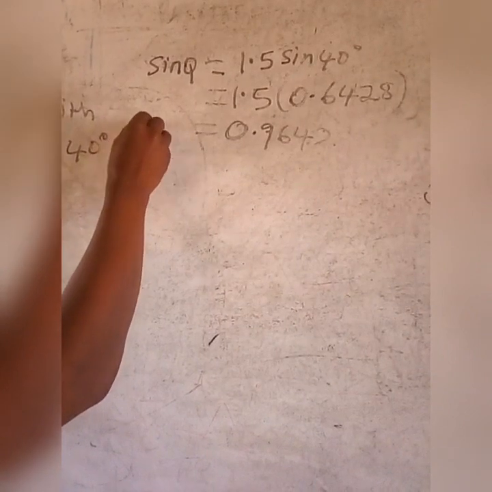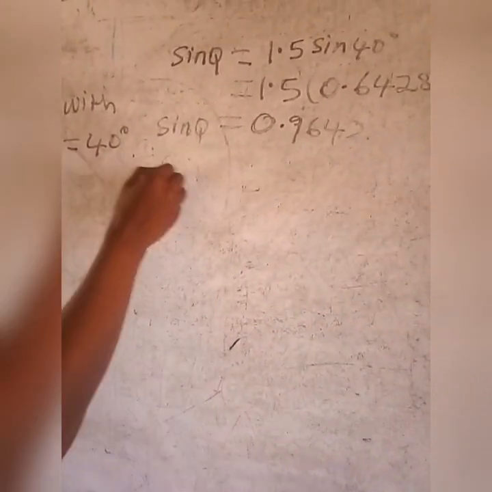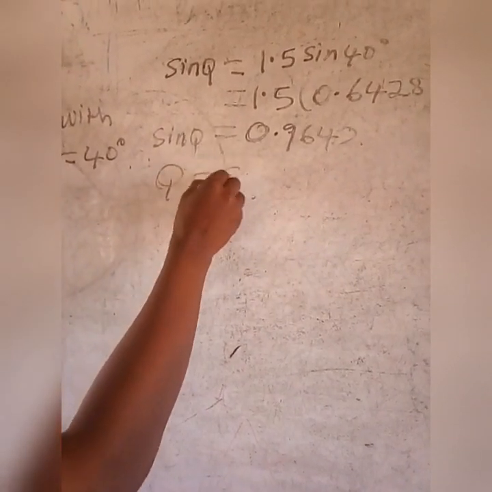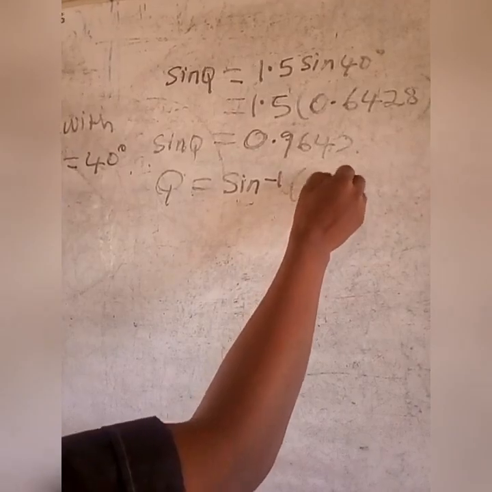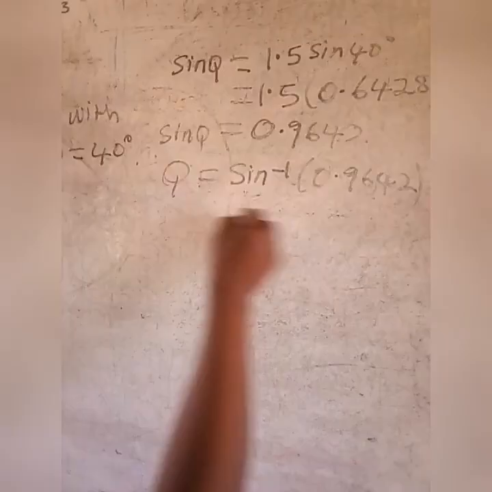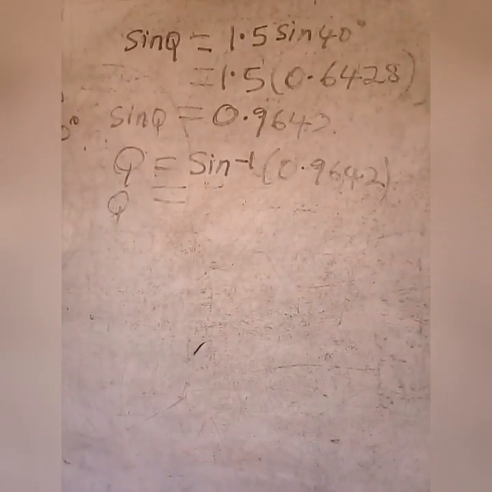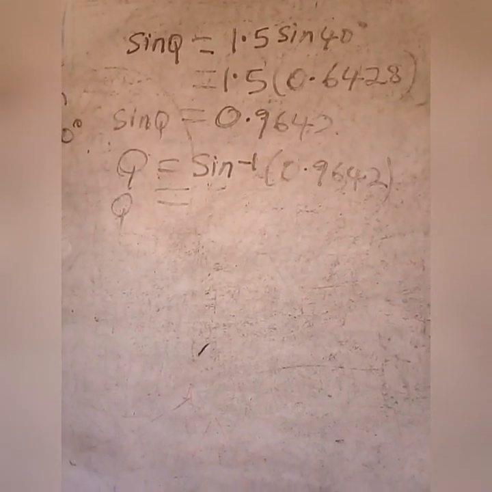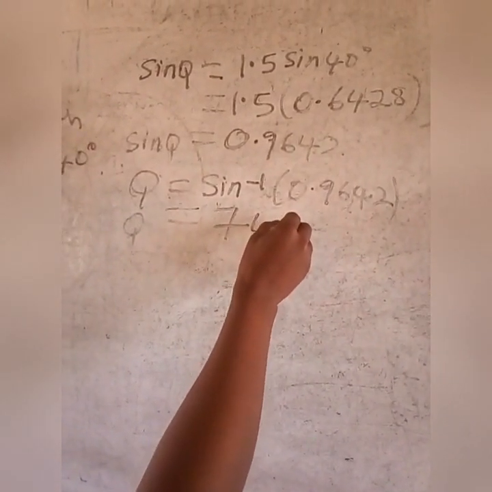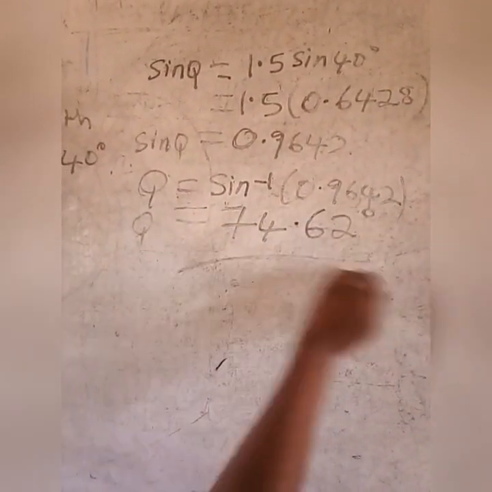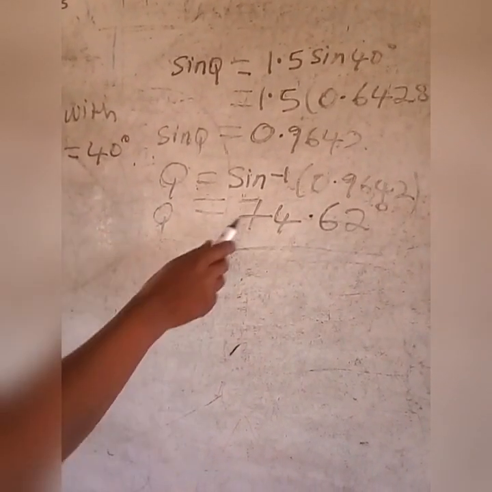Now I'm looking for Q. Q will be equal to the sine inverse of 0.9642. When you get the sine inverse of 0.9642 from the four-figure table, you get 74.62 degrees, or to the nearest whole number, 75 degrees.